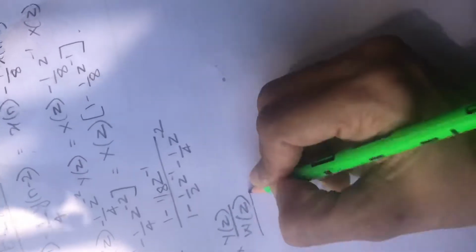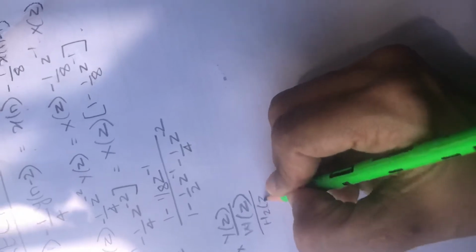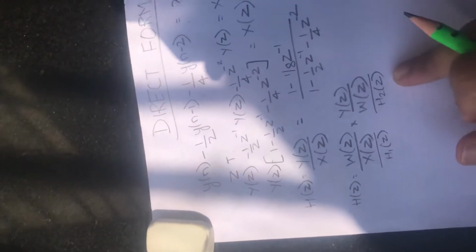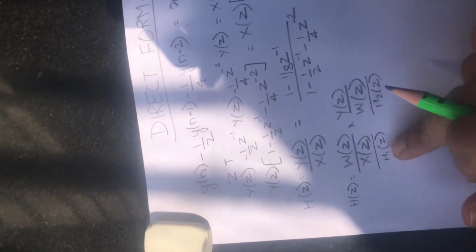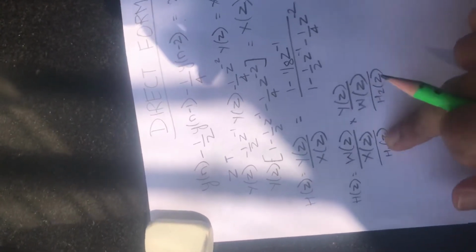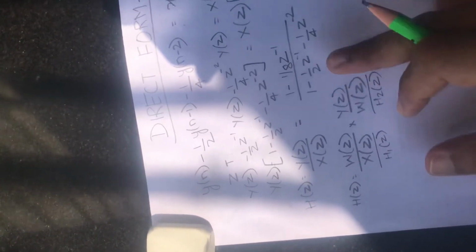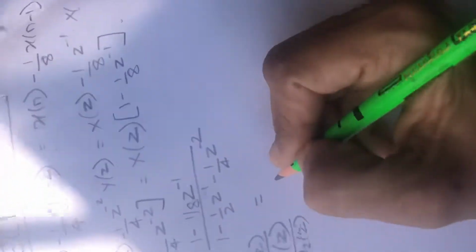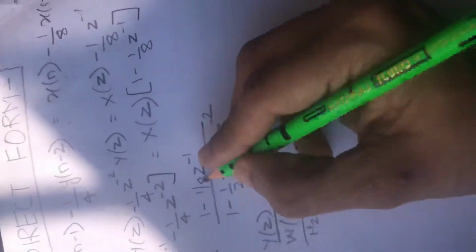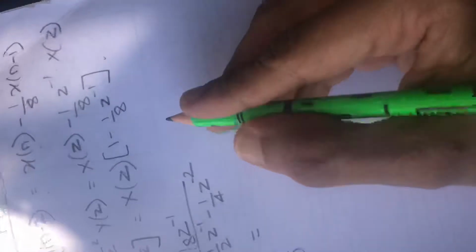Let this be h1 of z, let this be h2 of z. So, the entire system h of z, we have now divided into two subsystems, that is h1 of z and h2 of z. h1 of z is given by w of z upon x of z, whereas h2 of z is given by y of z upon x of z. Similarly, we are going to divide this whole one system into two subsystems.